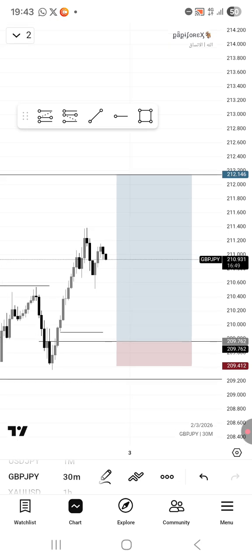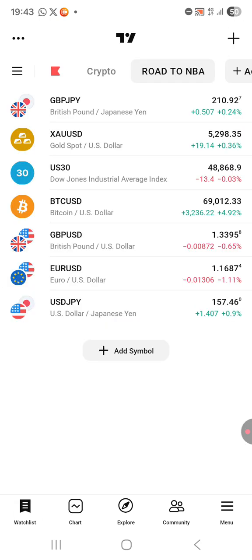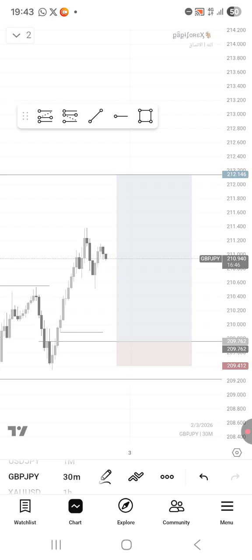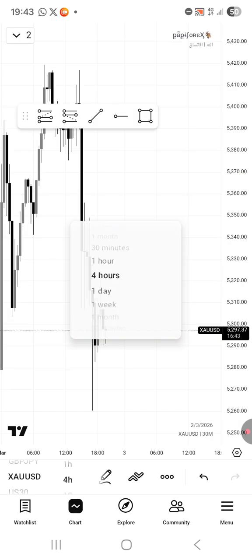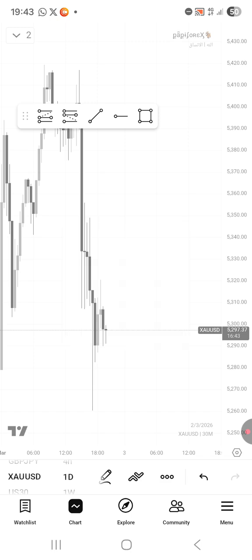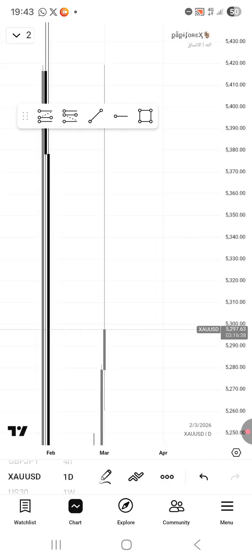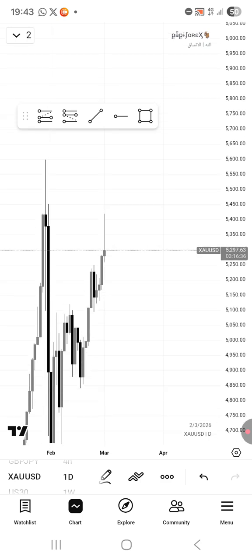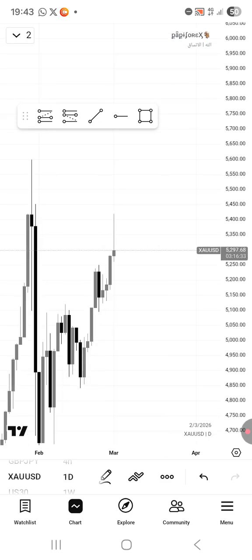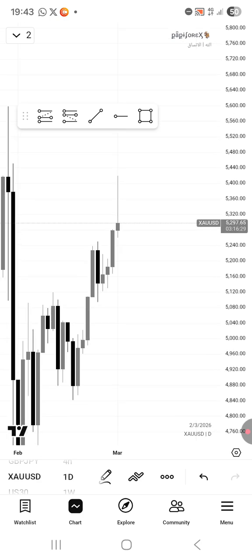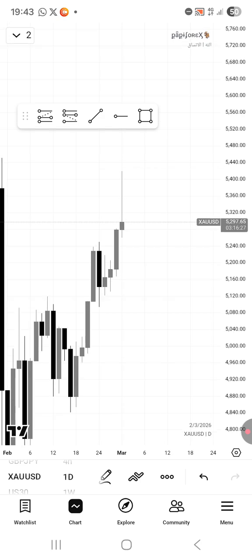So let's go to gold now. On my daily time frame, you can say that gold is bullish. Let's read the structure on the daily time frame together.